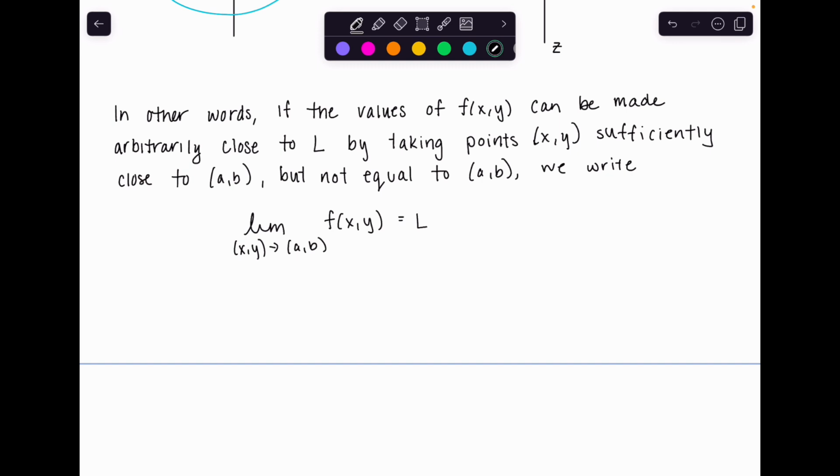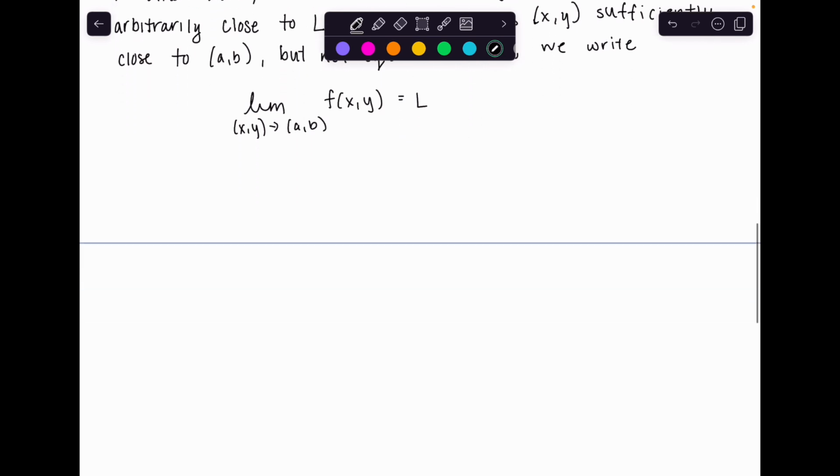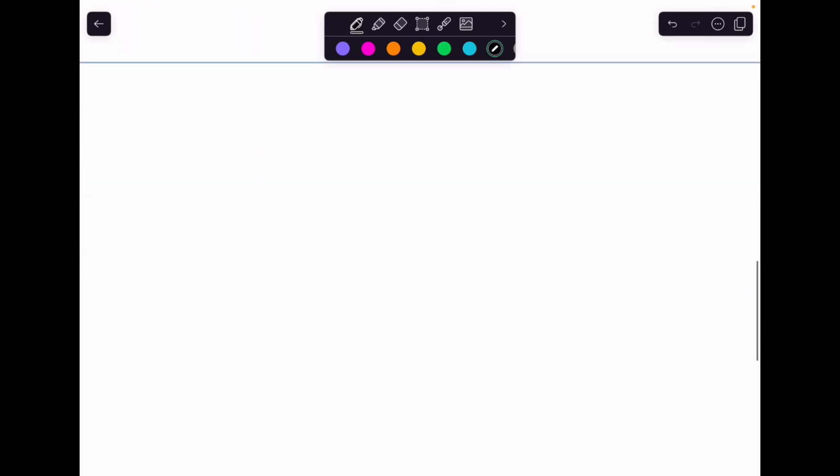So let me summarize all of this in a sentence. It's much more complicated to compute limits for multivariable functions.